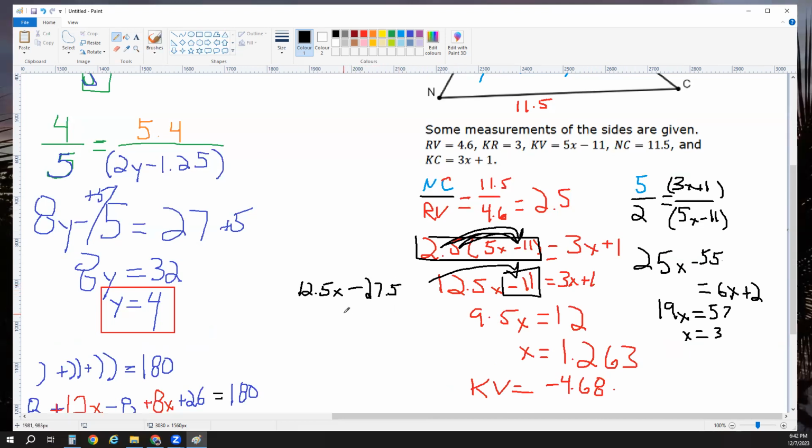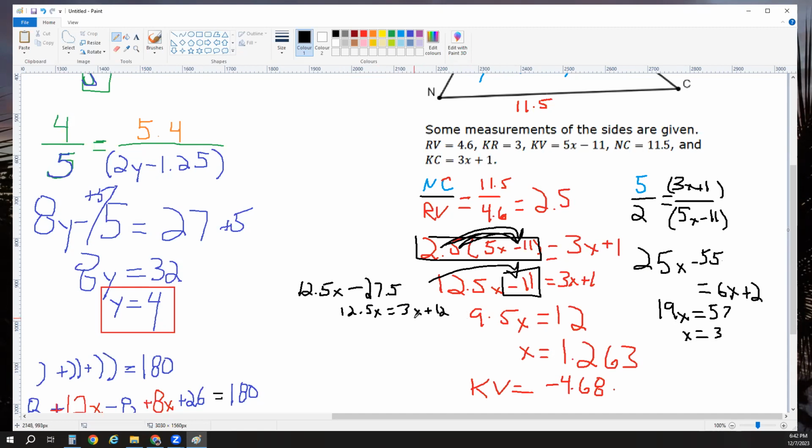Then it would have been 12.5x equals 3x plus 1 and some more, and it still would have been wrong.